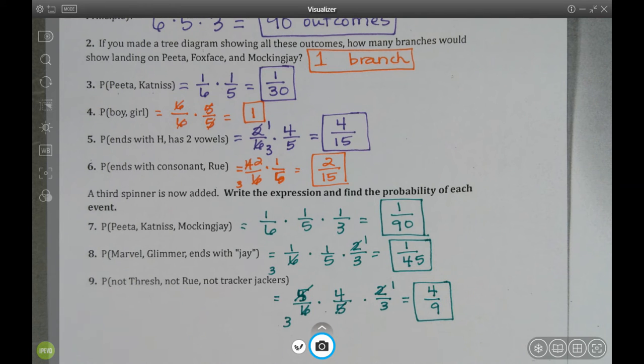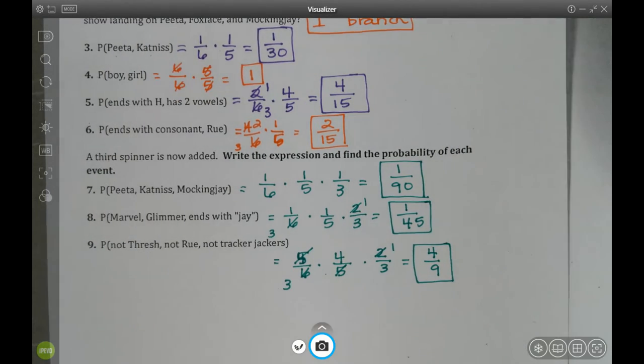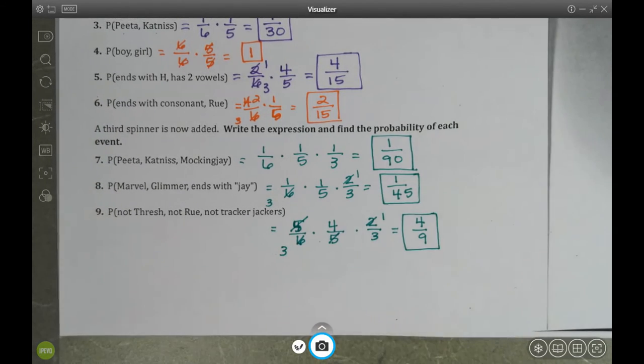I put 1 times it. It's the animals and traffic. All right, let's check them. Should be 1 out of 45 and 4 ninths. How'd that go for you? Pretty good. Still feeling okay about probability in general? All right.